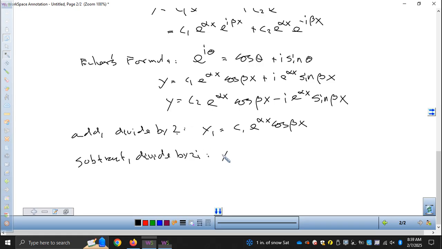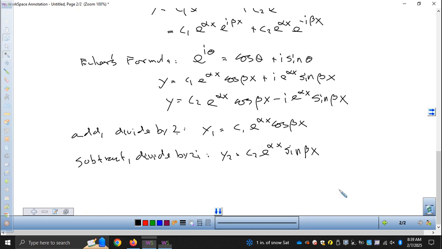And we get y2 equals c2 e to the alpha x sine beta x. So when we get complex roots to our auxiliary equation, that leads us to these trigonometric solutions.